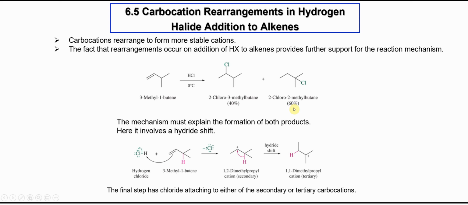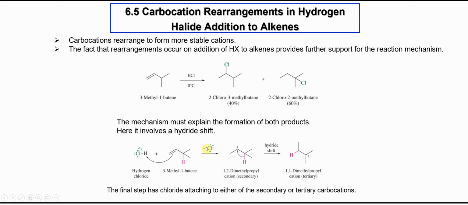What happened? Let's take a look at the mechanism. The mechanism can help you understand why you form two different products. First step, protonation. The pi electrons from your alkene are attracted to the hydrogen of the hydrogen halide, and that single sigma bond is subject to heterolytic bond cleavage.